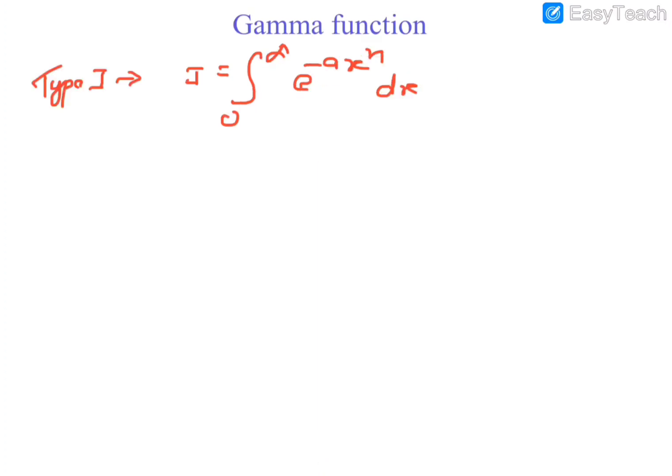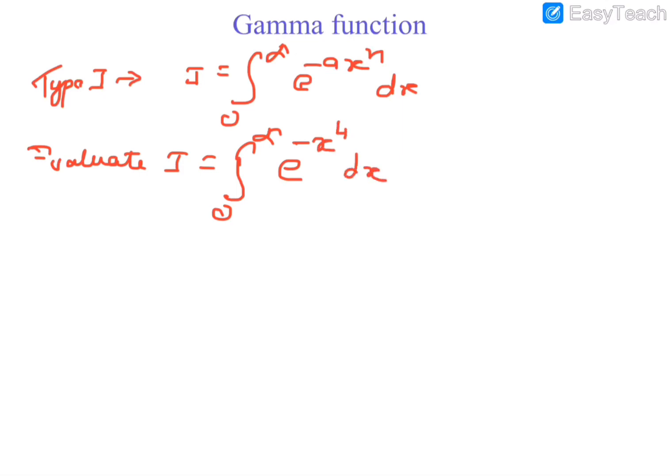Okay, so let's start with the type 1 question first. The question given in the university exam was: evaluate I is equal to the integral from 0 to infinity of e raised to the power minus x raised to the power 4.